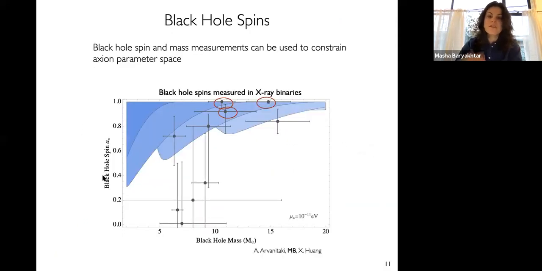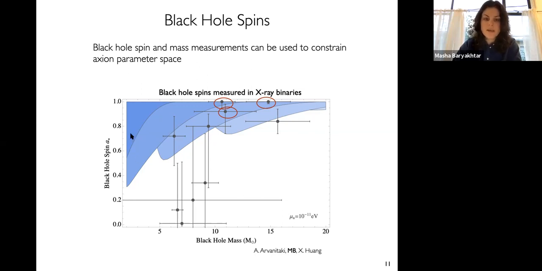So given that the black hole spins down, we can use existing measurements of black hole spins and masses in data to constrain the existence of these light particles. So for example, for an axion mass of 10 to the minus 11 eV, we can look at black hole spins measured in X-ray binaries.